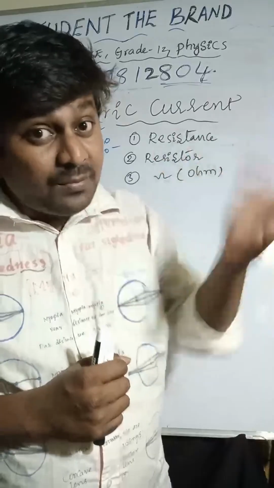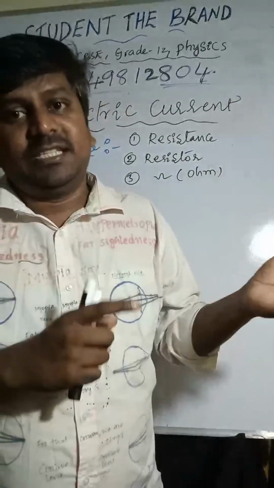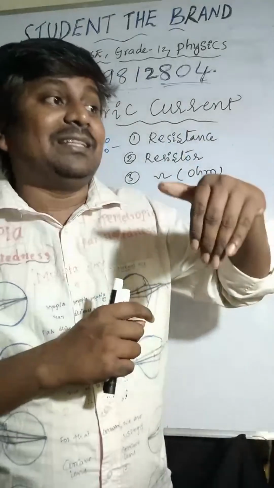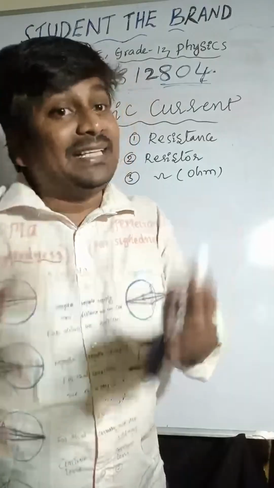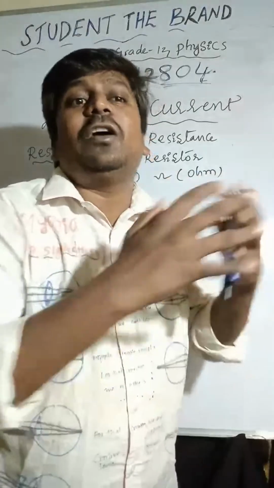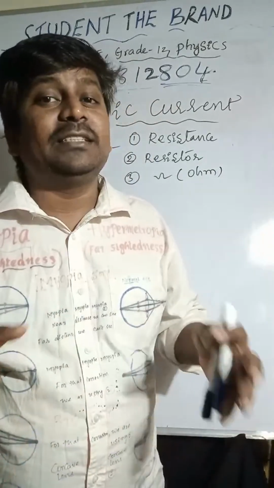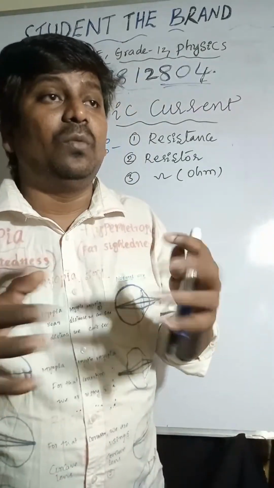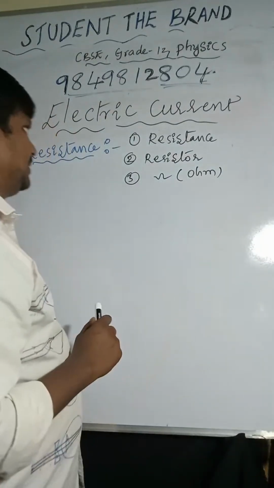Resistance is the phenomenon, so there is a huge difference. And coming to the SI unit of resistance, it is ohm, and the symbol is Ω.